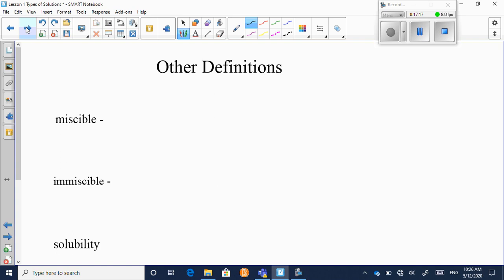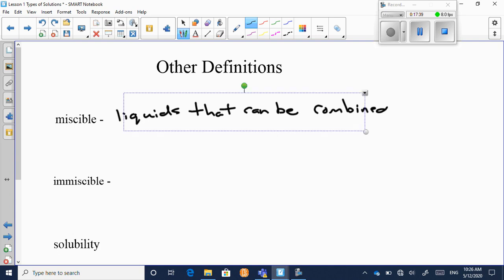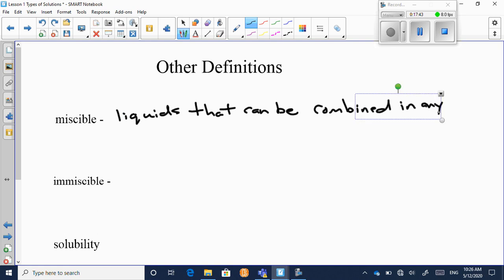Okay, some other definitions. First of all, we've got the term miscible, and basically it's liquids that can be combined in any proportion.